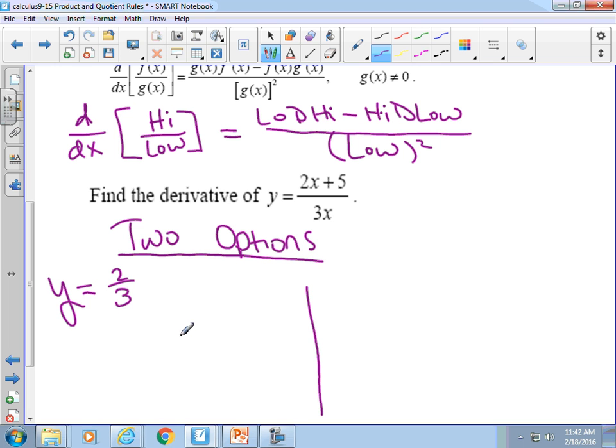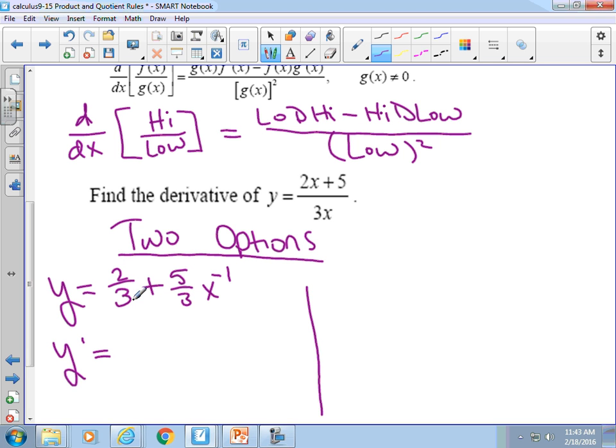It would take them much longer, but that's what they would do. So I just want to point it out: don't forget, if algebra simplifies it, then it's easier. This is option number 1, is to rewrite y. This is my preference on this particular problem.